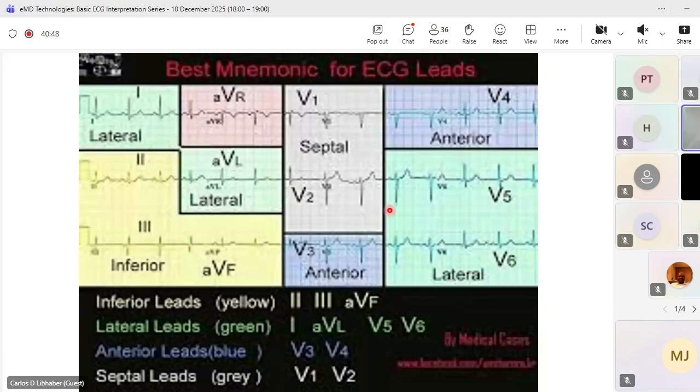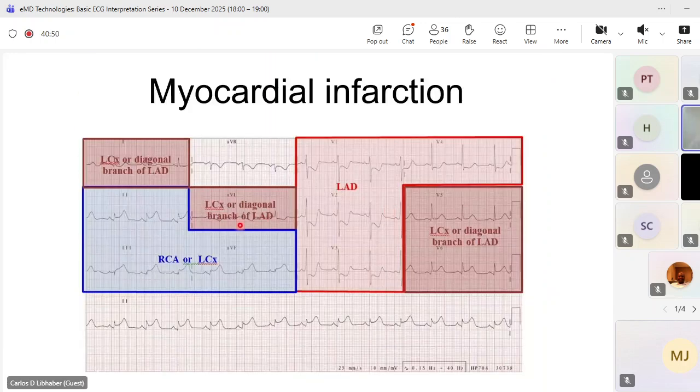So here I have ST elevation in lead 2, in lead 3, in AVF. So where is the problem?